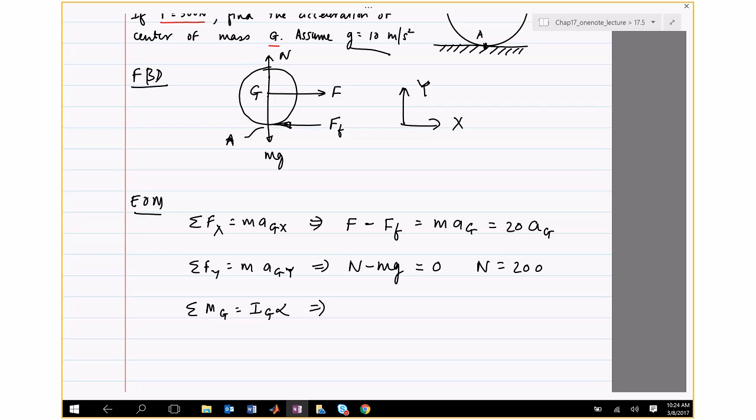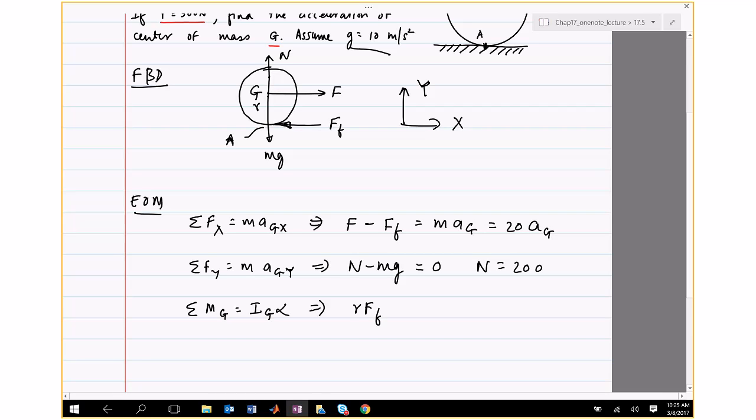The only force which contributes to the moment is the friction force, because it acts at a distance from G. So it is the friction force times the moment arm. The moment arm is basically the radius of the wheel, so let's say this is r.